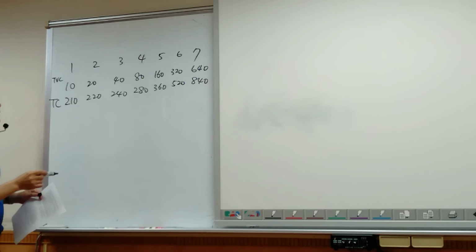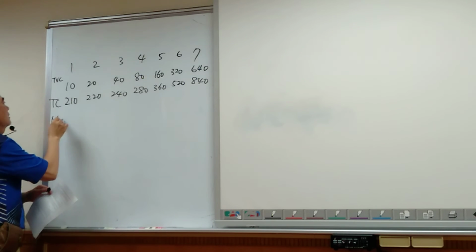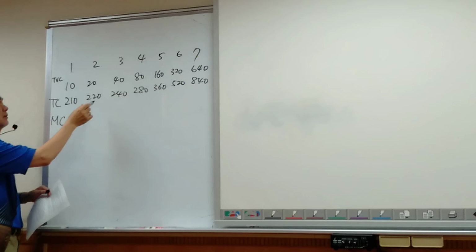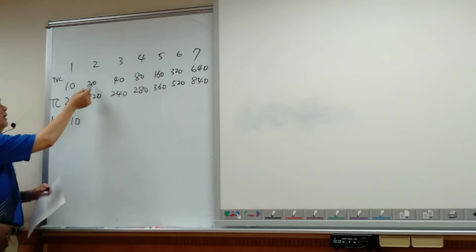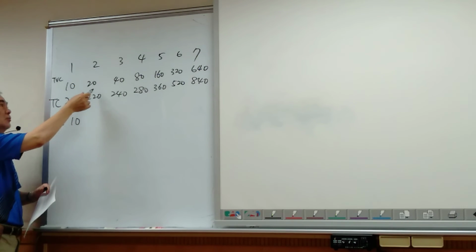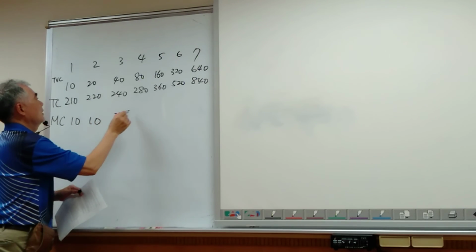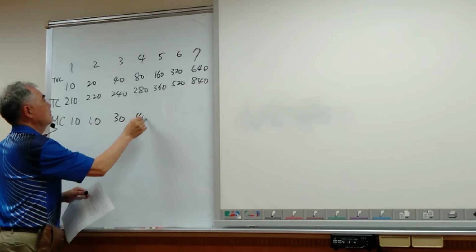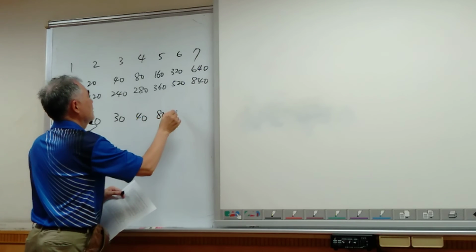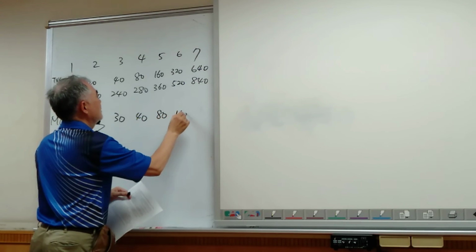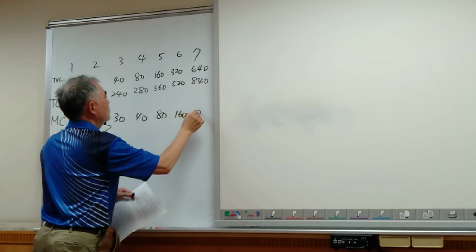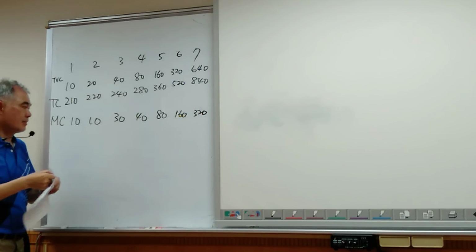And marginal cost, you have 10 here, right? Since total variable cost goes to 20, we got 10 more. So there's 10, 10, 20, 40, 80, 160, 320. Okay?